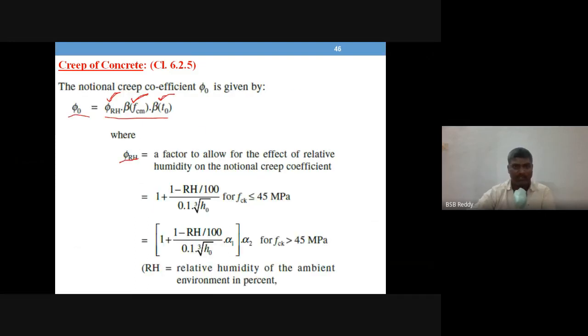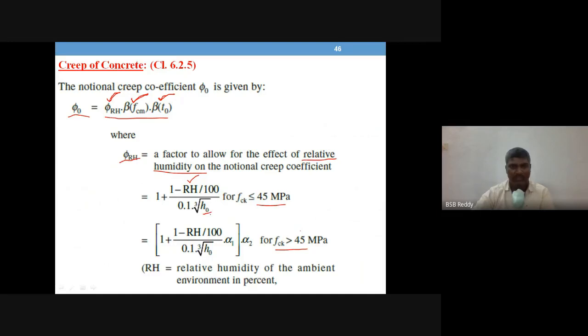To get phi RH, which depends on relative humidity, the formula is given depending on the strength of concrete. There are two formulas: one for fck less than or equal to 45, and another if you have fck more than 45 grade of concrete. The parameters involved are RH, the relative humidity in percentage, whether 40, 50, 60, 70, or 80, which you substitute here.